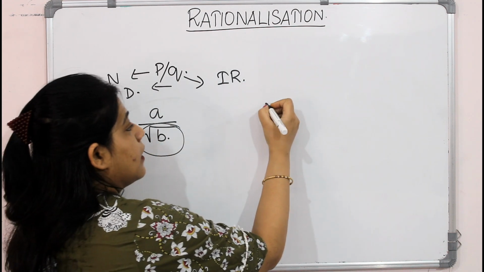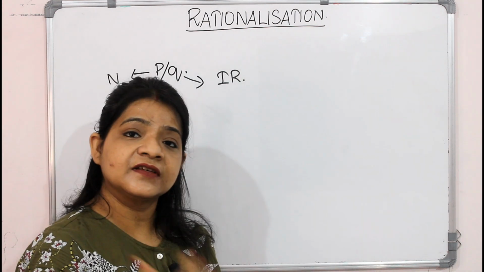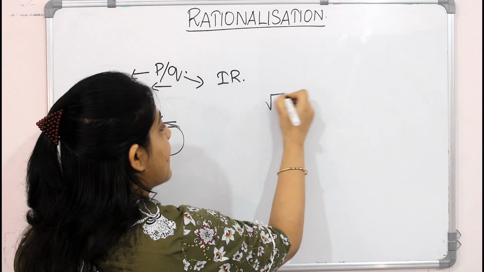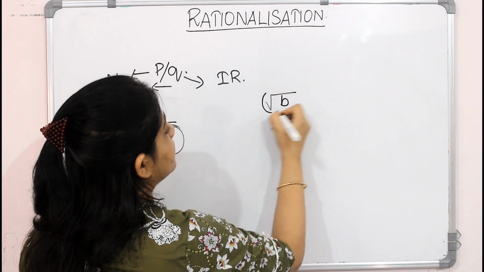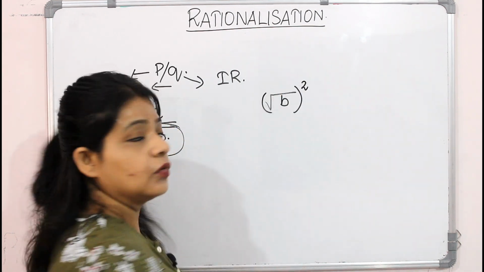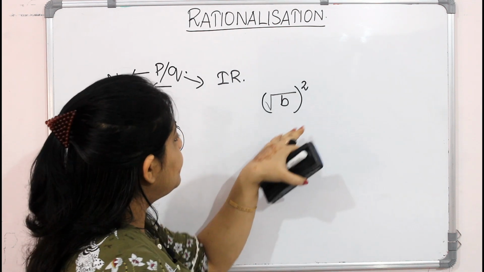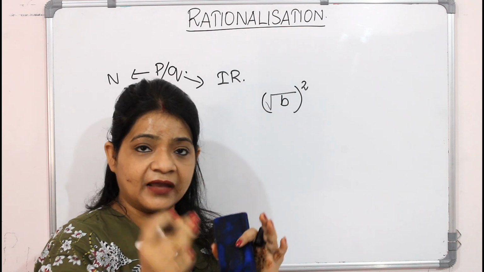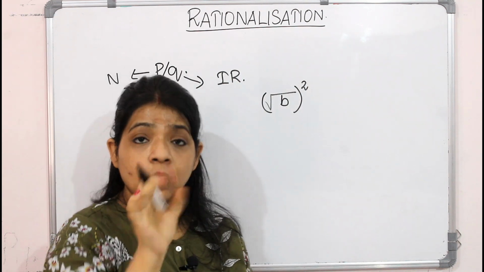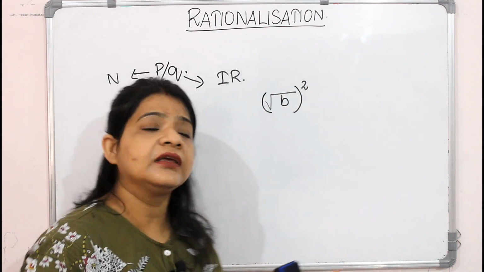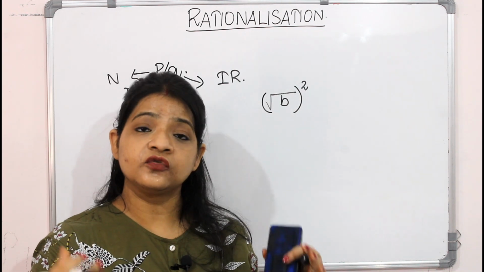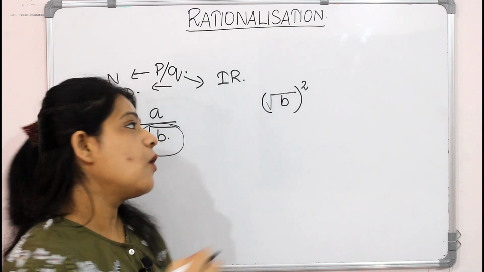See, I have discussed in the previous classes that suppose a number is given, root b whole square. As I place root b within brackets with a square, the power 2, automatically this root gets cancelled or removed. How?